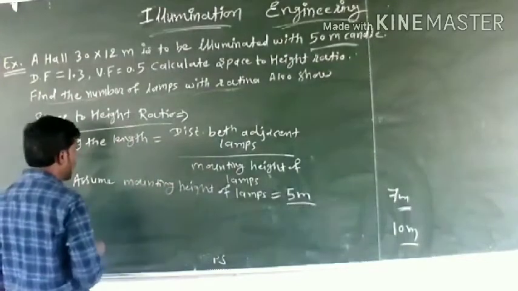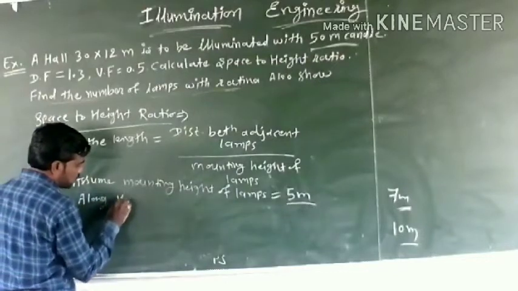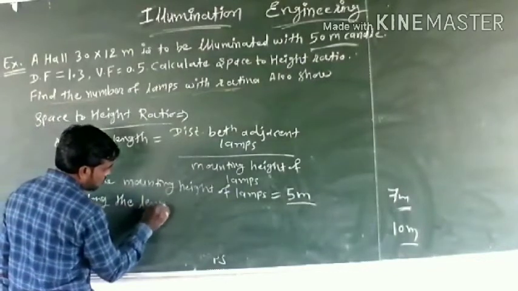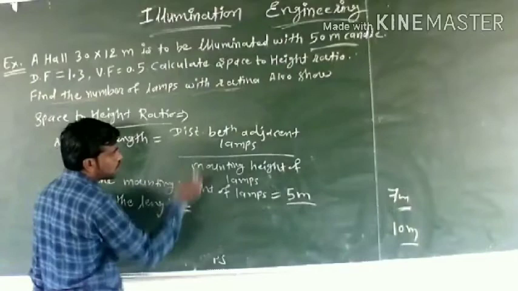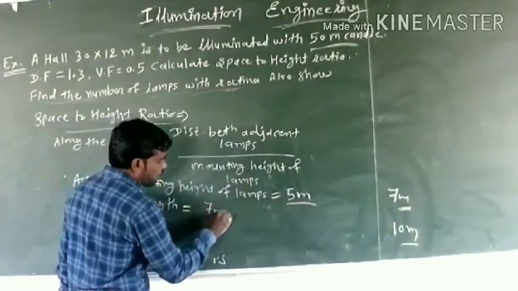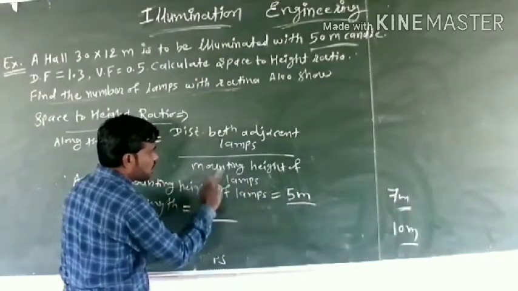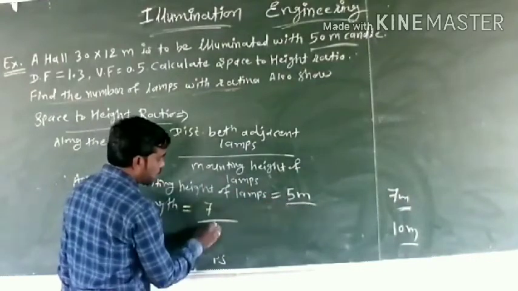Now this formula along the length becomes the distance between the adjacent lamps, that means 7 meter, this is in length horizontal, to the mounting height of the lamp, that means 5.